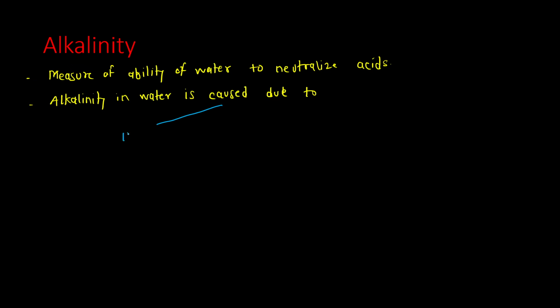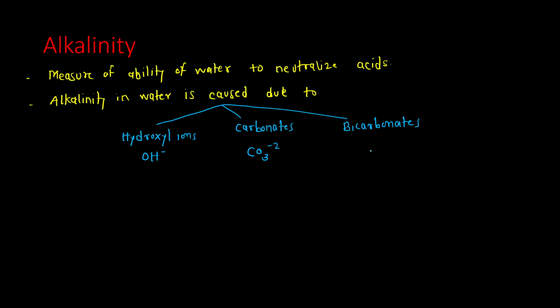First is hydroxyl ions, that is OH minus. Then second is carbonates, CO3 minus 2, and bicarbonates, that is HCO3 minus. Okay, so these are the three main ions which are responsible for alkalinity.